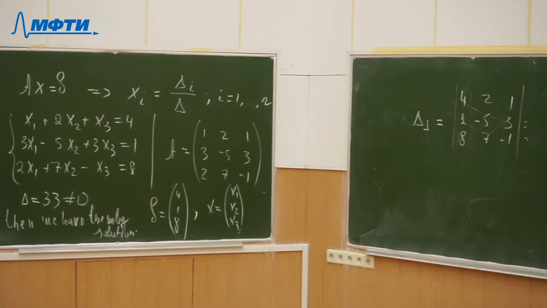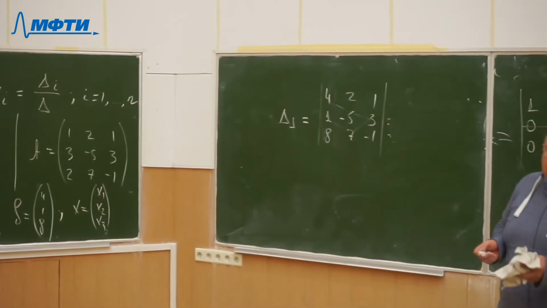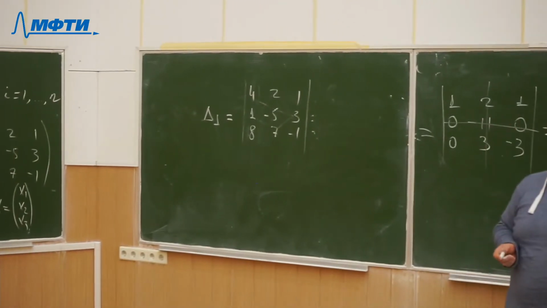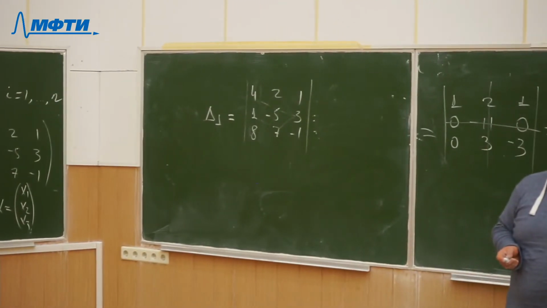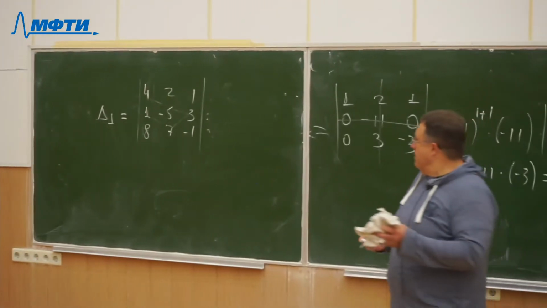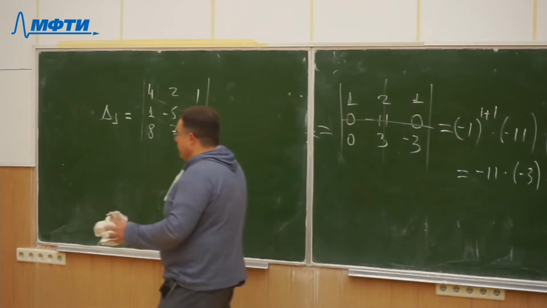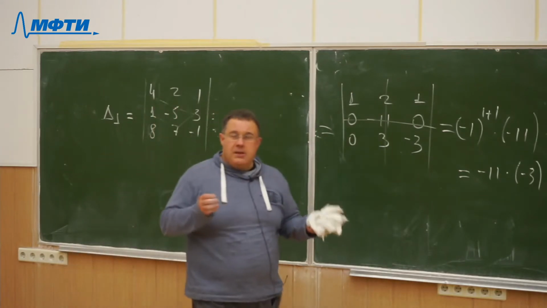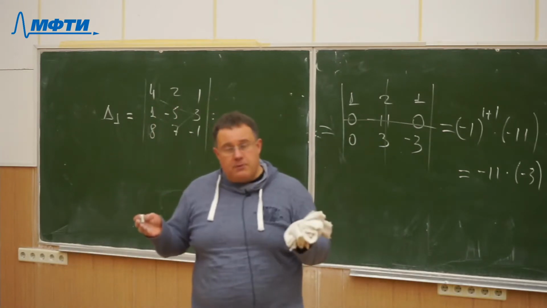I hope to calculate with the aid of a student from the room. Maybe you try. But I didn't understand the triangle rule. You can calculate using either the triangle rule or the properties of the determinant.